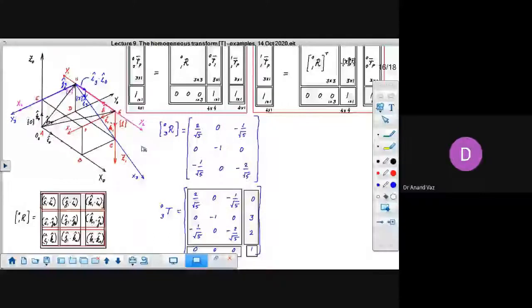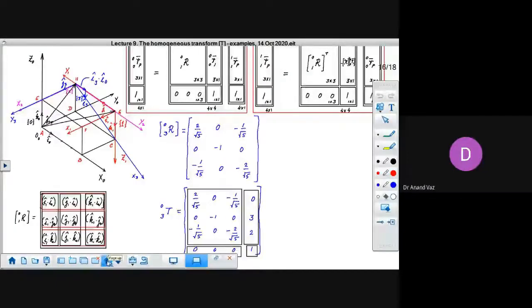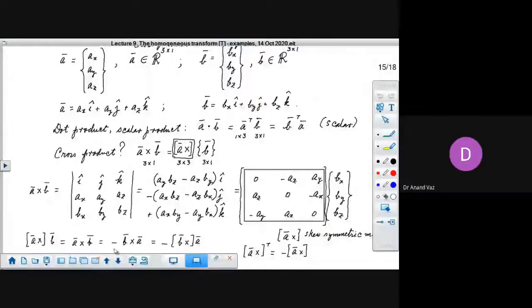In the previous lecture, we had worked out an example on homogeneous transforms. And in the process of explaining the homogeneous transform, while doing the example, we had also discussed how the cross product is represented in the matrix form.